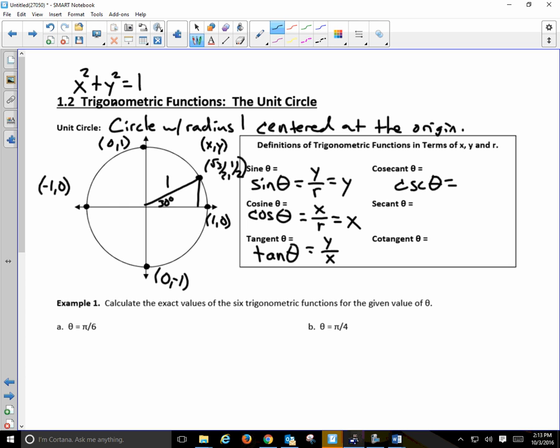And the reciprocal of y is 1 over y. Secant is the reciprocal of cosine, and we write it as SEC. Secant of theta is equal to 1 over x. Cotangent, COT, is the reciprocal of tangent, so it's x over y.